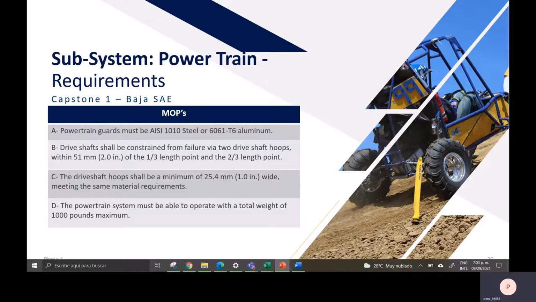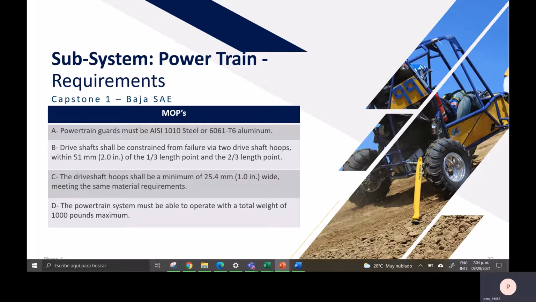The drive shaft shall be contained by 2 drive shaft hubs, all of the 1-3 length points and the 2-3 length points.